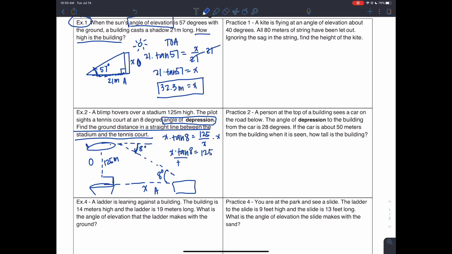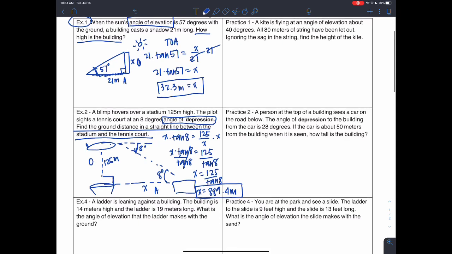Then we divide by tangent of 8 on both sides. Then we get x equals 125 over tangent 8. Now to find x, we use our calculator, and x is equal to 889.4 meters.